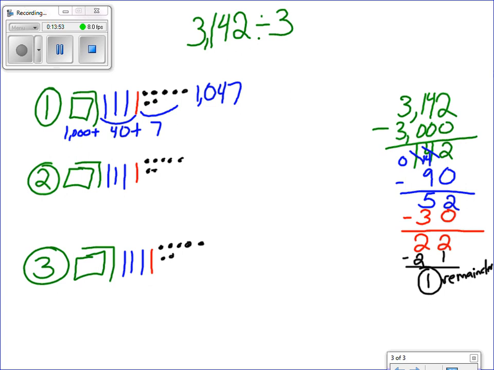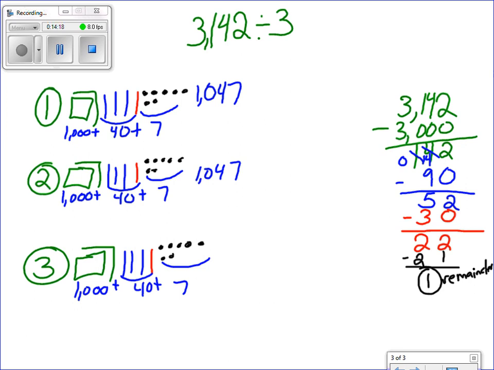I'm going to check the other 2 groups, and if they're equal, I'm pretty sure 1,047 is my answer, but I still want to check it. They were the same. So my gut instinct is to say that 1,047 is the right answer, but I still need to check.